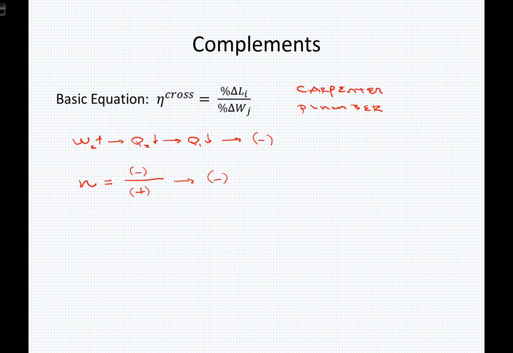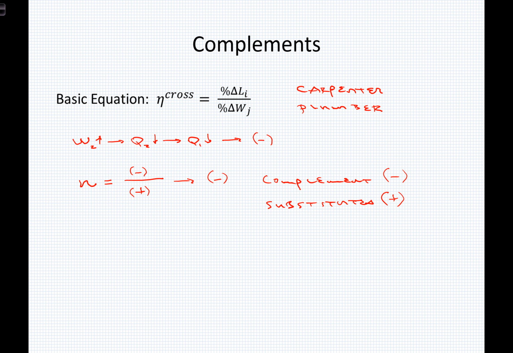So complements in elasticity will always have a negative value to them. And in this case, regardless of whether or not this is supply or demand, they will always have a negative value. But substitutes will always have a positive value. Their elasticity will also always be a positive value.